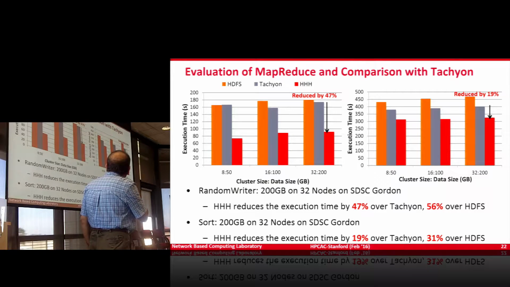Our H design is able to, here on RandomWriter, 200 gigabytes, running on the SDSC, San Diego Supercomputer Center, Gordon system. You can see that our H mode is able to reduce the time by 47%. Here also on Sort, 200 gigabytes, we can give you another 19% benefit.